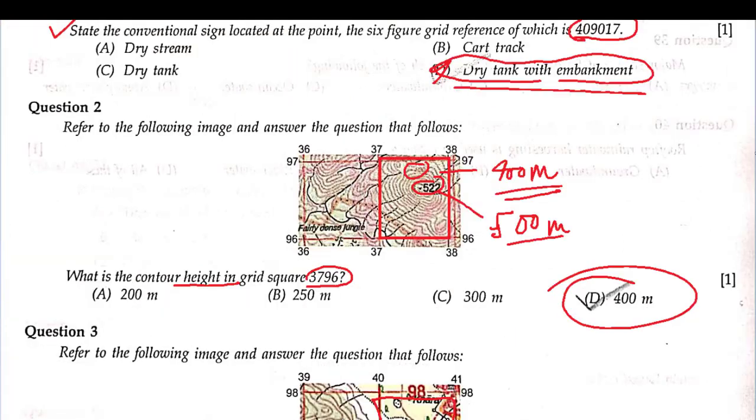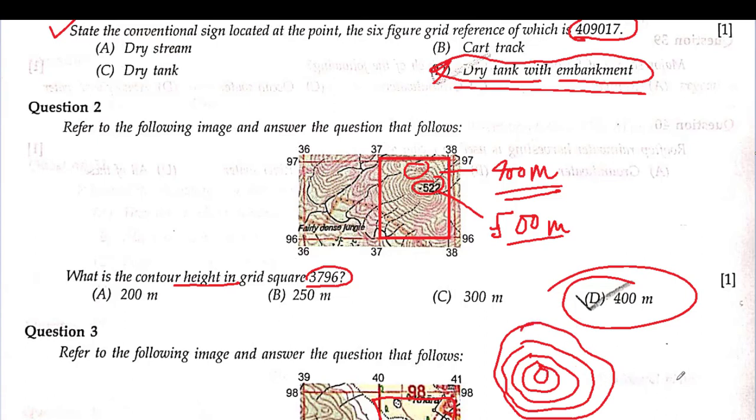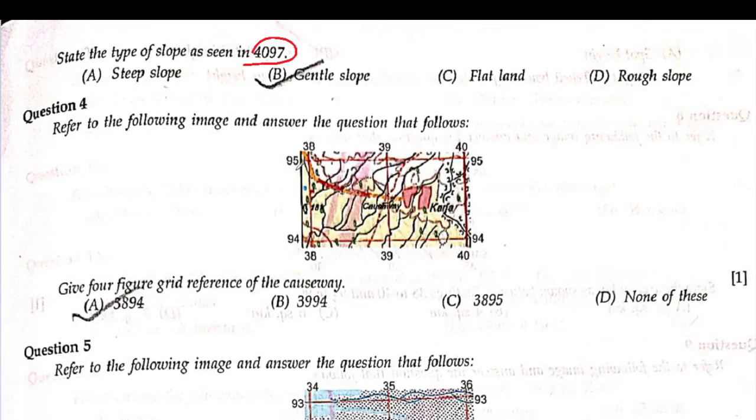Here you can see this type of contours, like this. If we make a profile from this, we can get this type of hill. So according to the options, we can say gentle slope.